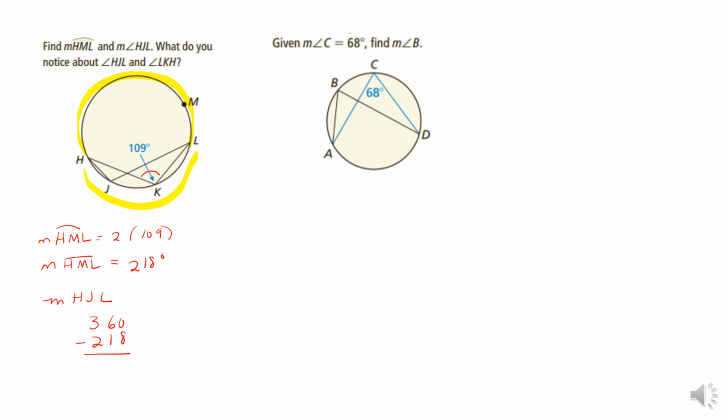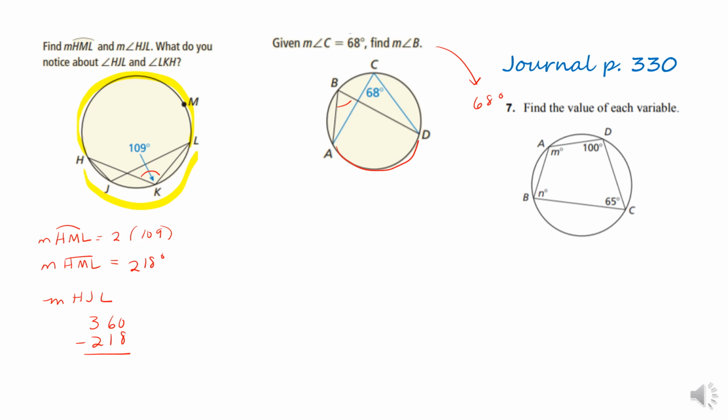All right, so given the measure of angle C, measure of angle C is 68 degrees. Find the measure of angle B. So they are both congruent because they intercept the same arc. So it is 68 degrees. Okay? Now there's one more problem here. This is number 7. And again, you're going to use that supplementary angle theorem.